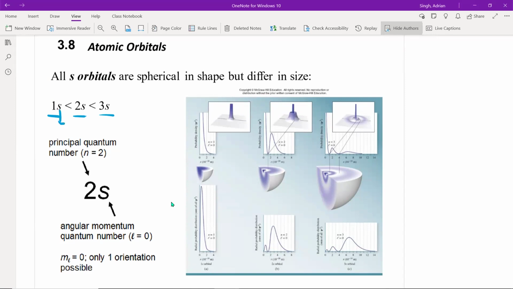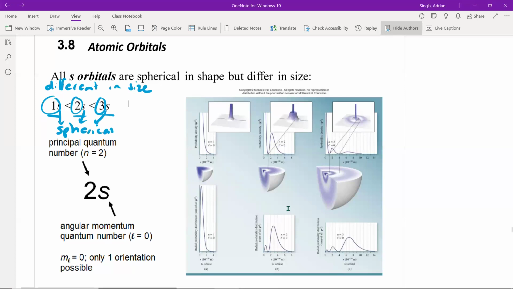They're all s's, right? So they're all going to be spherical in shape. The difference, though, is their principal quantum numbers, right? And we said that this is an indication of their size. So they're going to be different in size. So the 3s is going to be larger than the 2s. The 2s is going to be larger than the 1s.